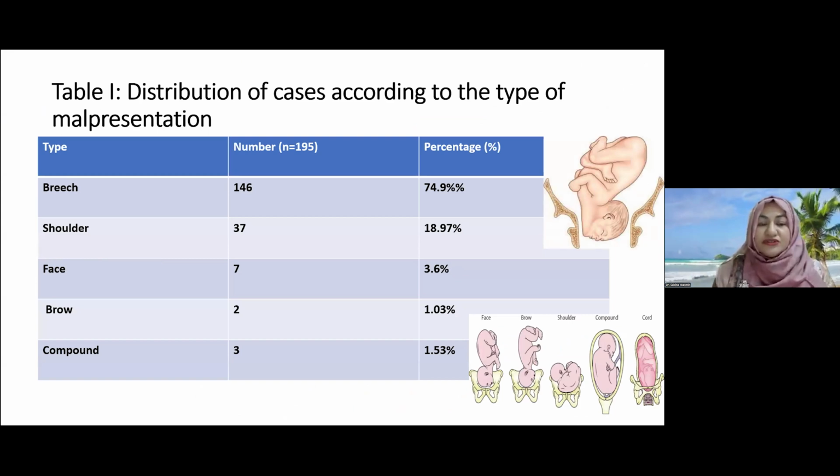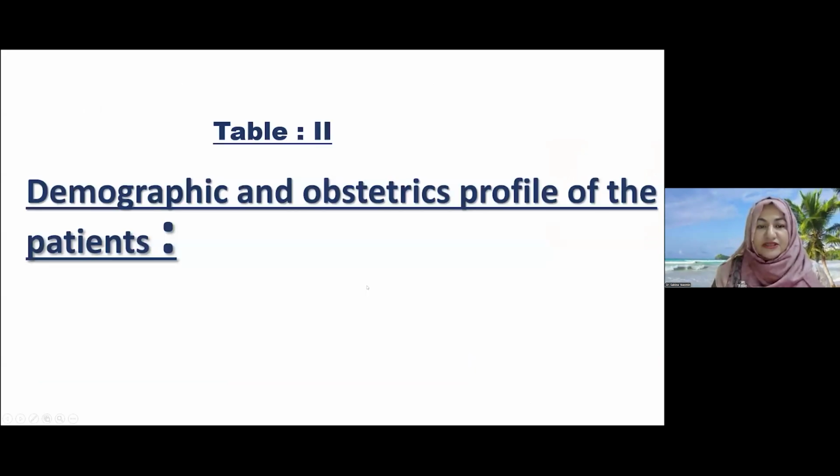Table 1 shows distribution of the cases according to the type of malpresentation. In my study, most of the malpresentation was breech presentation, that is 74.9%, followed by shoulder presentation, face, compound, and brow presentation.